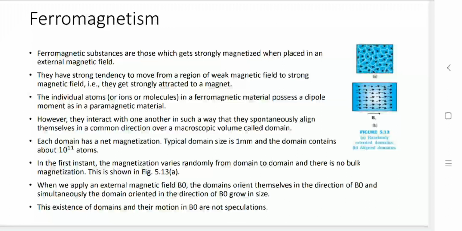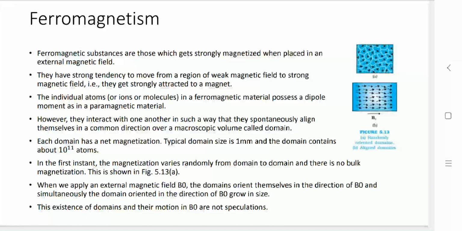But when the external magnetic field is applied, all dipoles in a particular domain are oriented in the direction of B0, and simultaneously the domains are oriented in the same direction of B0. So the whole substance can be divided into small domains.